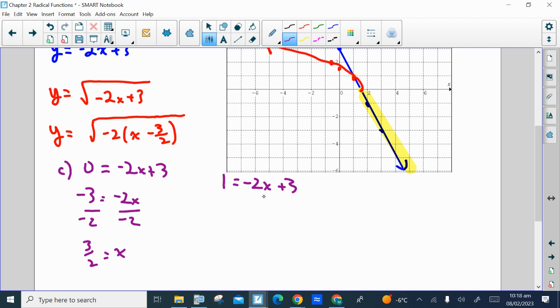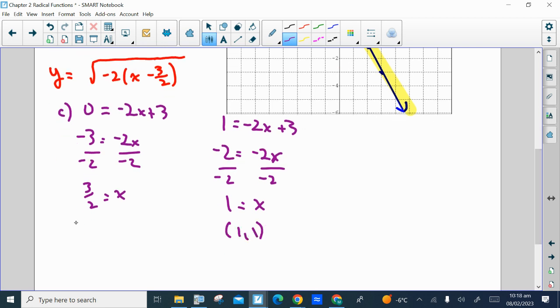But also where negative 2x plus 3 equals positive 1. So if you subtract the 3 from both sides, you'll get negative 2 on the left. And then divide by negative 2, you'll get x equal 1. That is the point 1, 1.